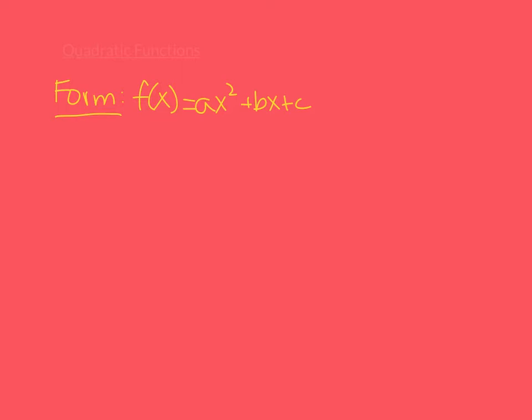A quadratic function has a few important properties. The first thing is that it has a vertex, and the vertex x coordinate is going to be at -b/2a.